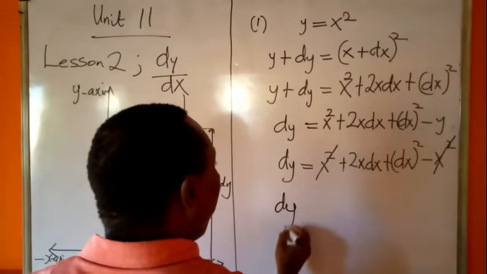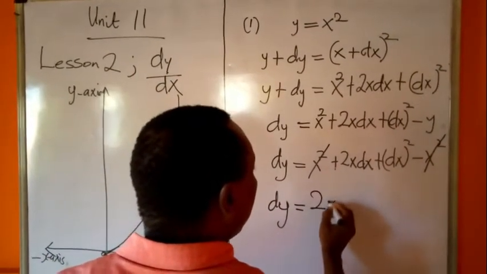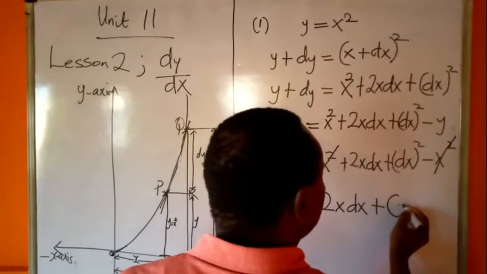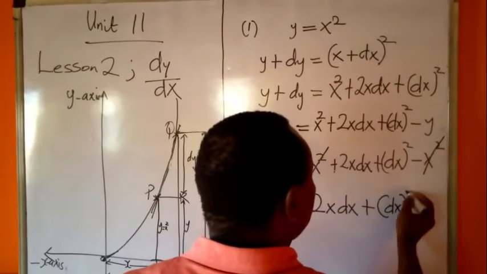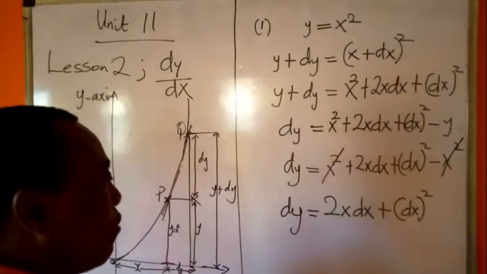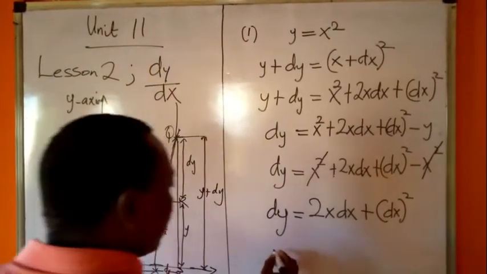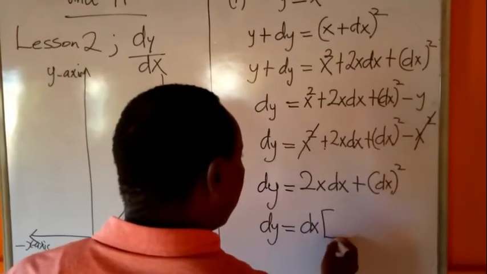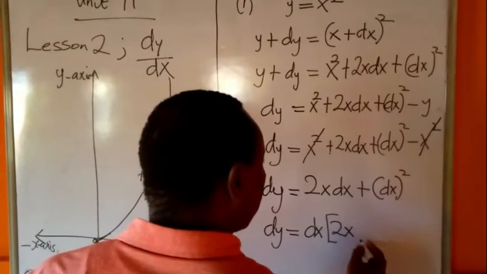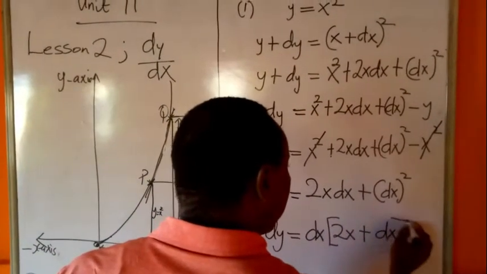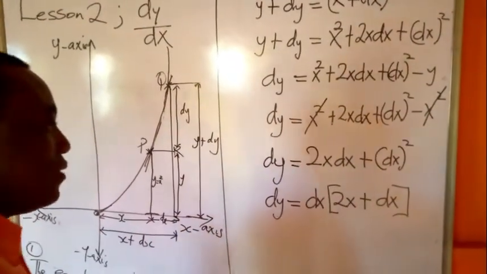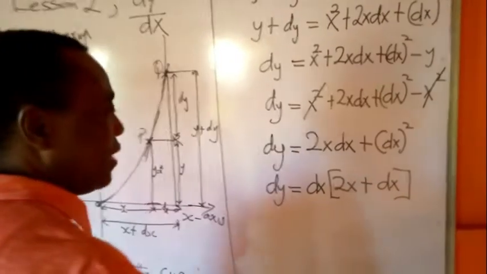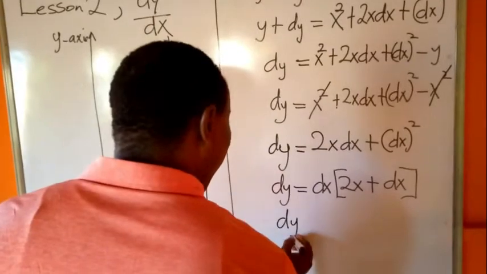So dy is equal to 2x dx plus dx all squared. Now, which means we can bring out the dx. So we have dy is equal to dx bracket 2x plus dx, because dx multiplied by dx is dx squared. So we divide through by dx. So we now have dy dx.